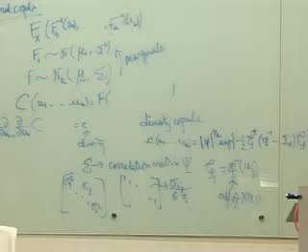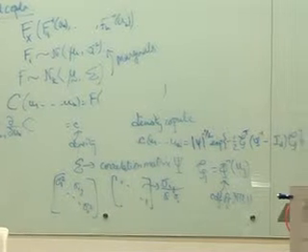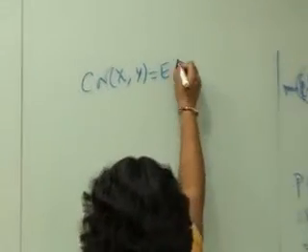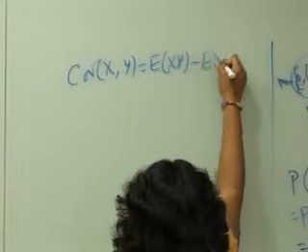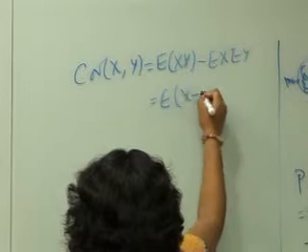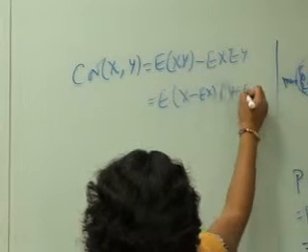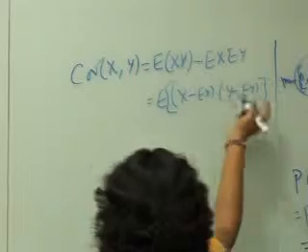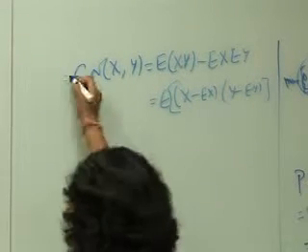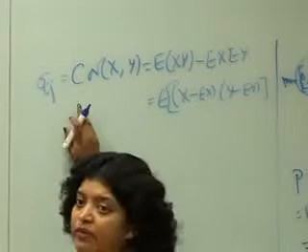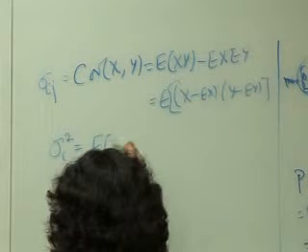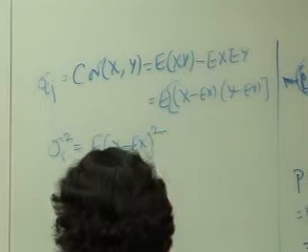Maybe I will just state that anyway. So covariance of X, Y is the expectation of XY minus EX EY, or maybe we use this form, expectation of X minus EX times Y minus EY. Covariance we define this way. So this is sigma ij. This we did when we were doing multivariate normal. Sigma I squared is expectation of X minus EX squared.